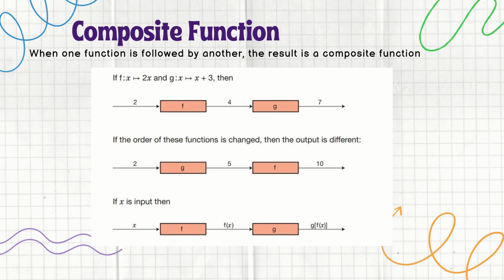So if x is input, then when we put x into f, we've got f of x. After it, we put f of x into g, we've got g of f of x.